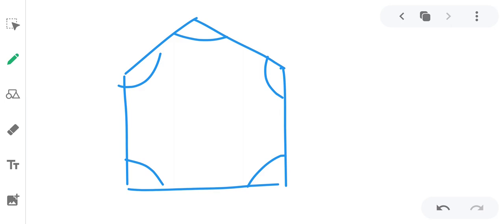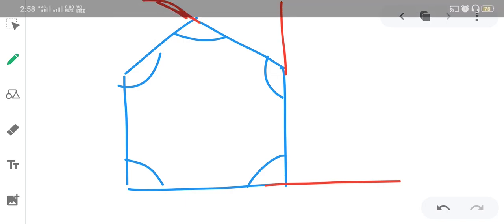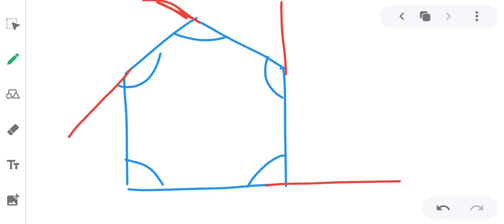I will extend this line segment in this way, then this line segment in this manner, this one in this manner, and this line segment in this manner, and then this segment in this manner.